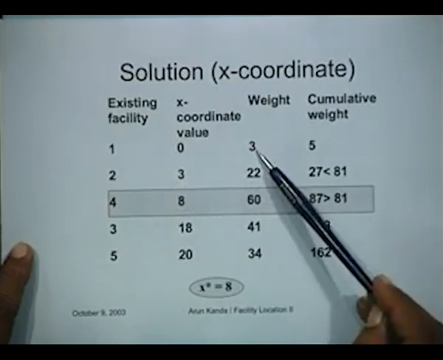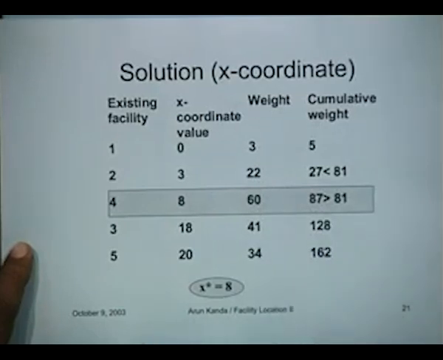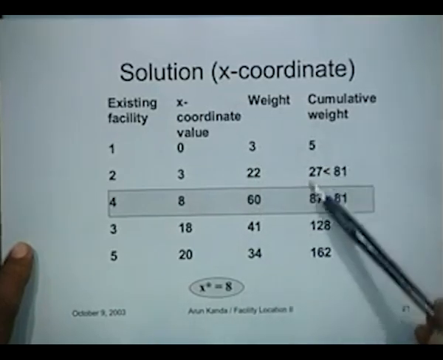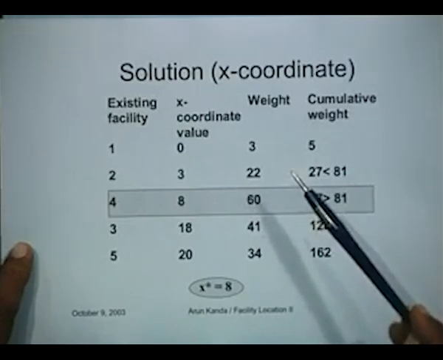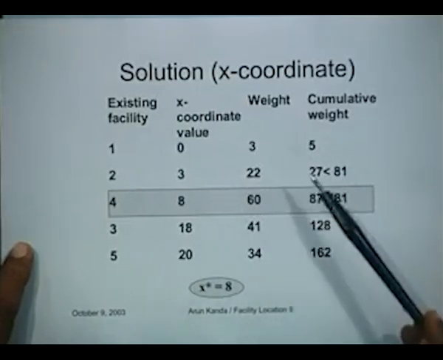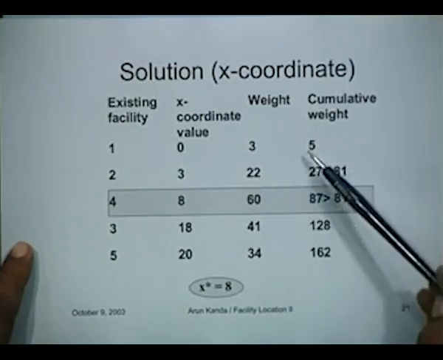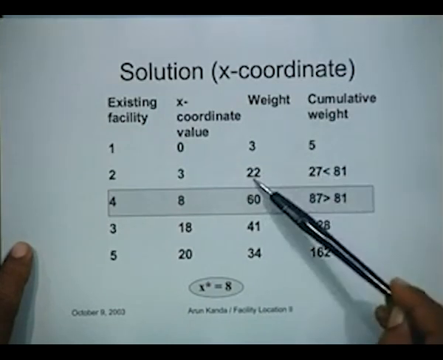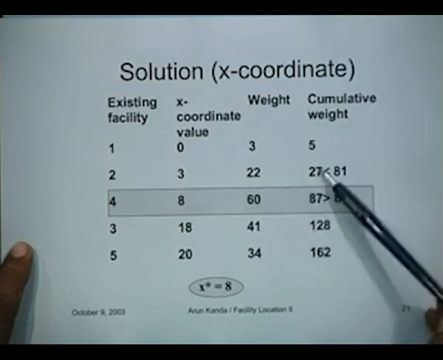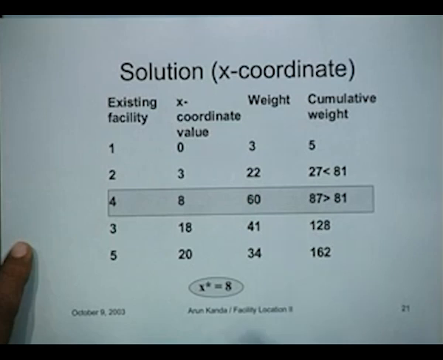The weights are the number of cars that come here: 5, 22, 60, 41, 34. Determine the cumulative weight. This should be 5, there's an error somewhere, it's a misprint. So you have 5 as the cumulative weight here, and then 27, and then 87, and then 128, and then 162.